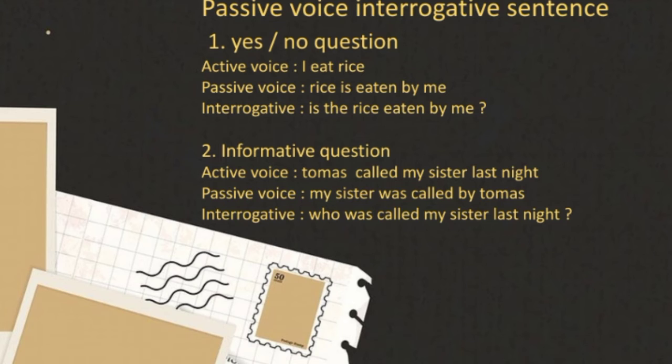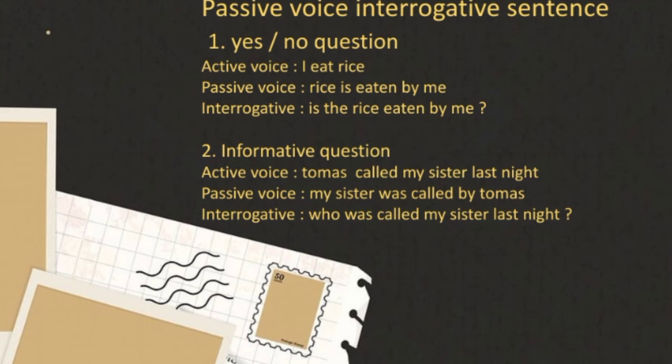For example, I will start from the active voice, continue to passive voice, and then make a question using passive voice in an informative question. If in active voice it is "Thomas called my sister last night", when we change to passive voice, it will become "My sister was called by Thomas last night."